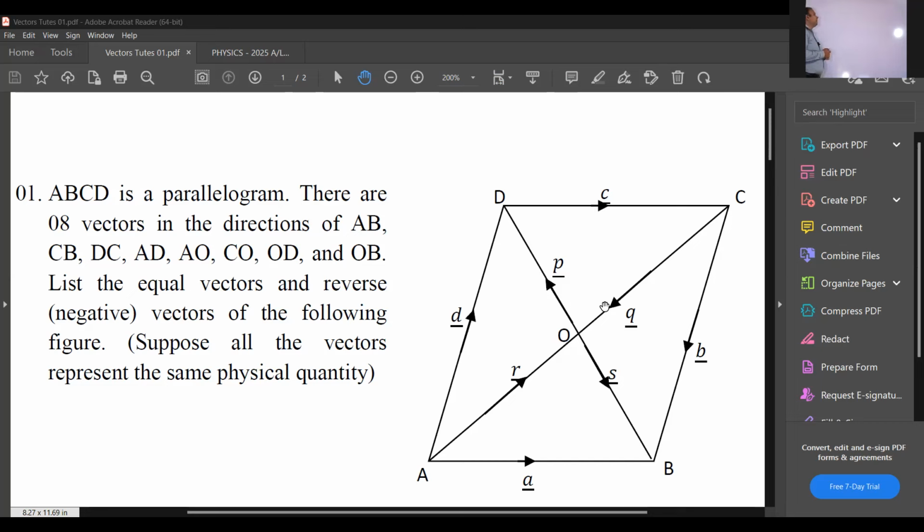Then what are the equal vectors and what are the reverse vectors? What are the equal vectors here?